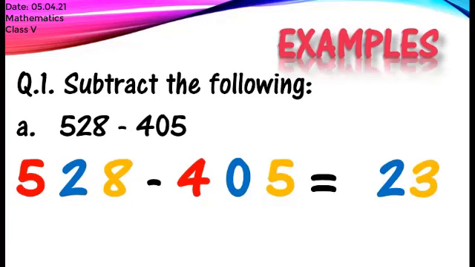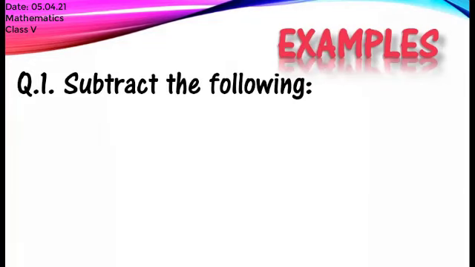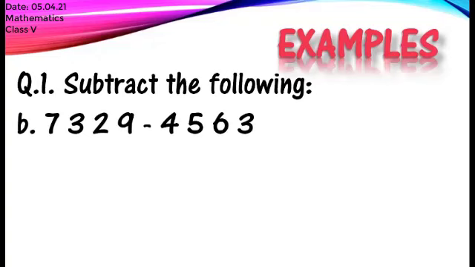So 4 subtracted from 5 gives us 1, and here the answer is 123. Moving towards another example, here the numbers are larger, so we cannot do it using the horizontal method.